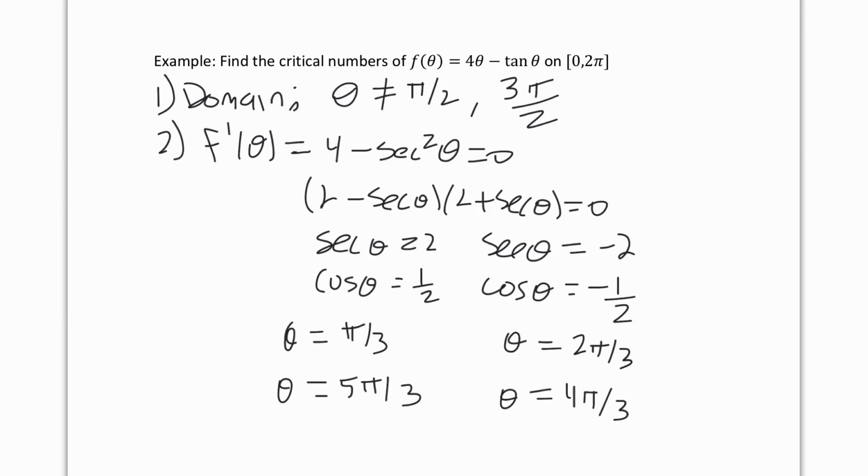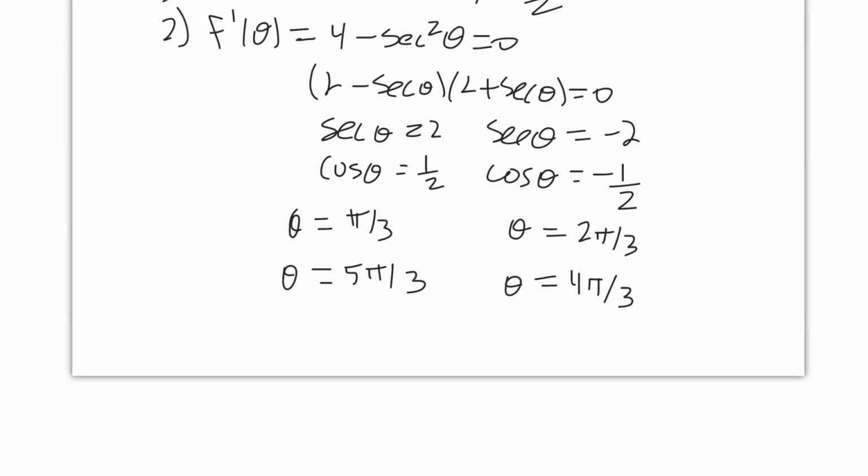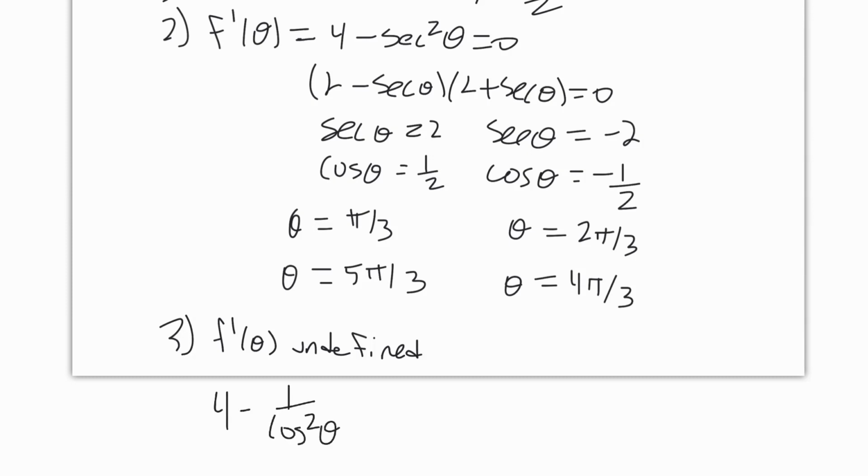Now, step 3, what about f prime being undefined? So where is f prime of theta undefined? Well, that would mean looking back over here, 4 is not ever undefined, but secant squared is really 1 over cosine squared. So we'd have 4 minus 1 over cos squared theta. And so it's possible that the denominator could be 0.